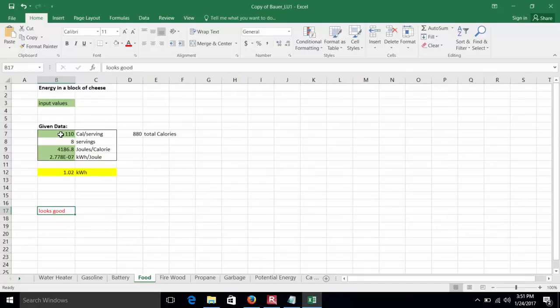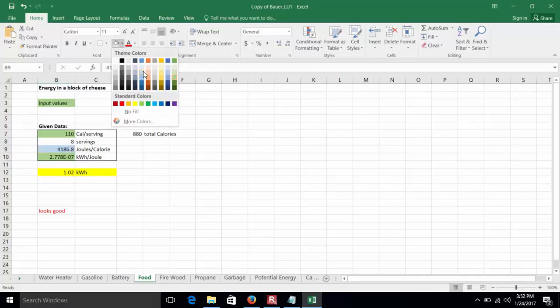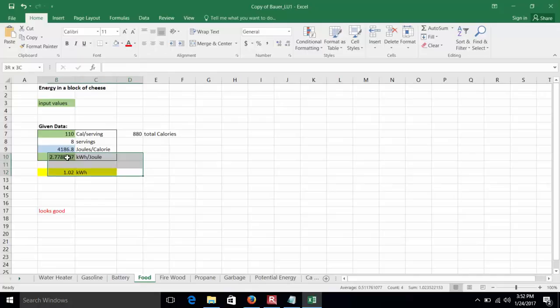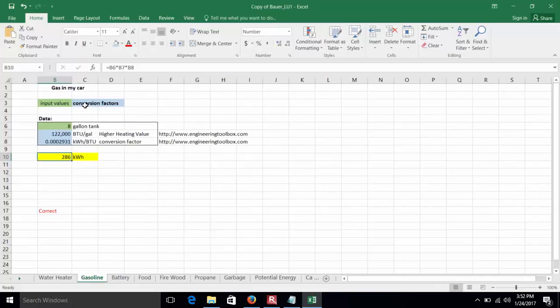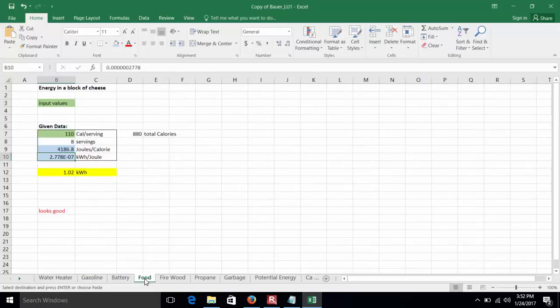All right. Calories per serving, let's see, oh, block of cheese. Okay, calories per serving, 8 servings, joules per calorie. Again, I might go and say this guy's a blue, kilowatt hours per joule. This is a blue. You know, then come back here and say, okay, this is my copy, food, paste.